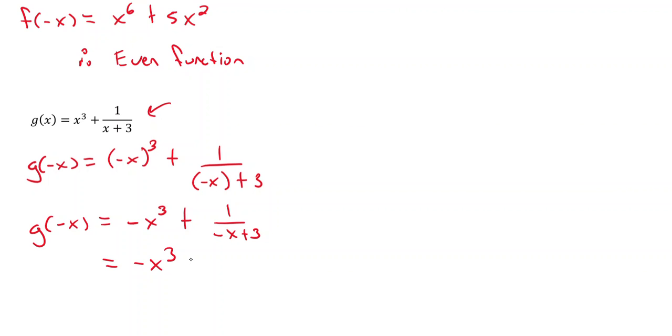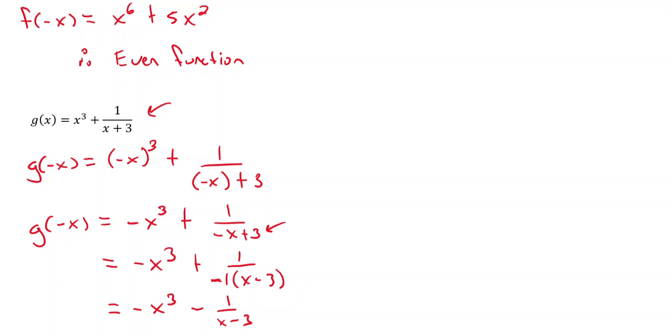I'll go plus, and I'm going to factor the negative out of the denominator here, so this will be 1 over negative 1 times x minus 3. Now this is like a negative sitting on my whole term here. So let's write that as negative x to the 3, now minus 1 over x minus 3.